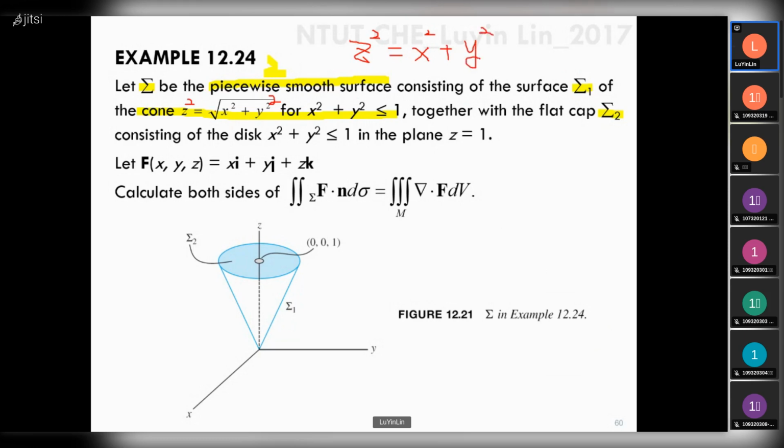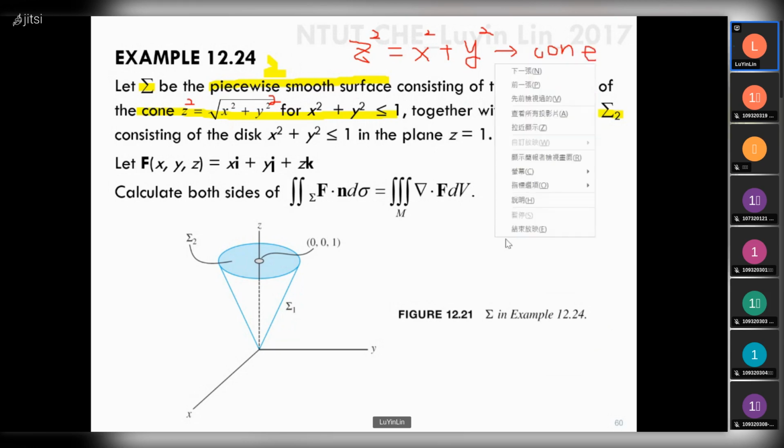If you put the square on both sides, you will have this one. Okay, please know this. This one is the cone. Why? How to see this?